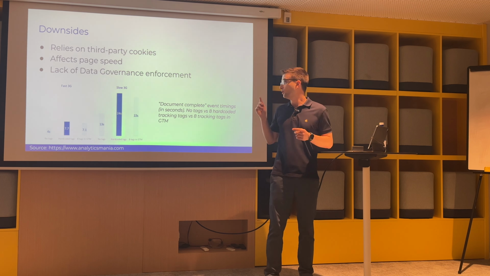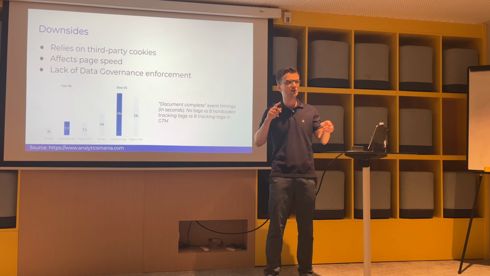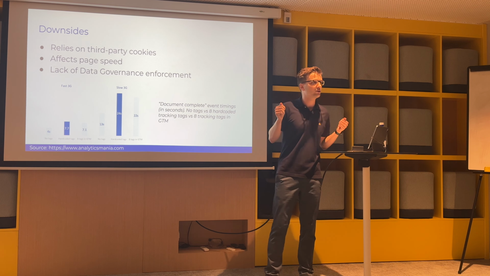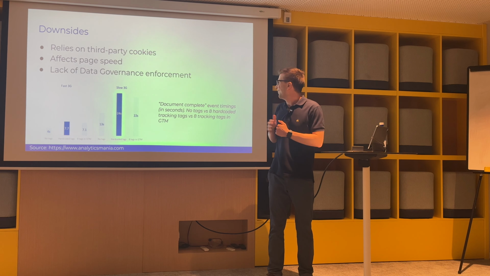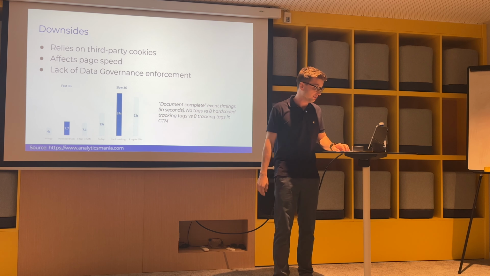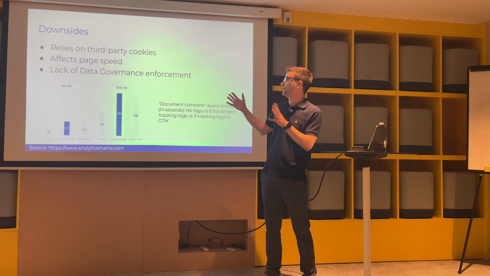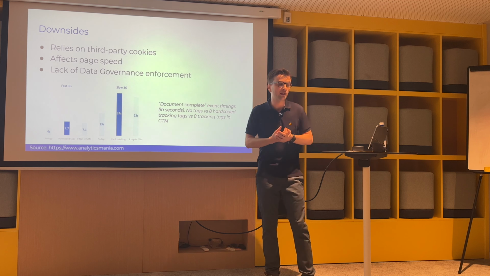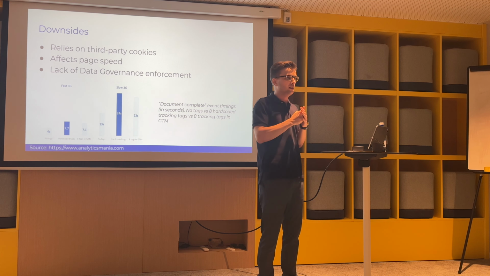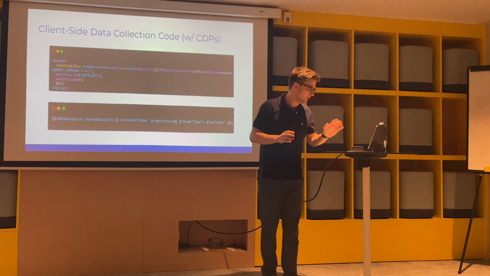How many of you knew that using Google Tag Manager can actually improve your page speed by comparison? Yeah, that was a surprise for me as well. So that's a very substantial difference. And on top of that, you don't have data governance. Data governance can be very important, especially in larger organizations. More on that a bit later.